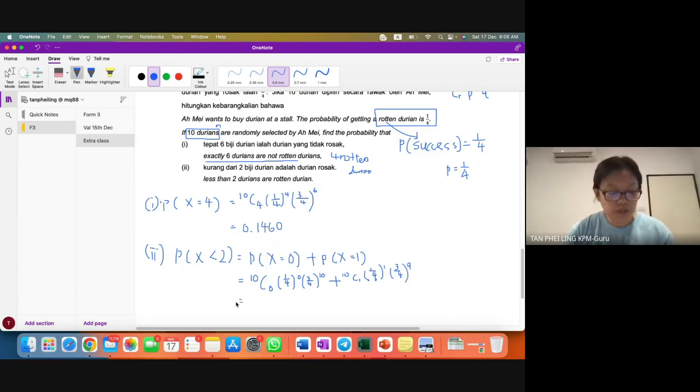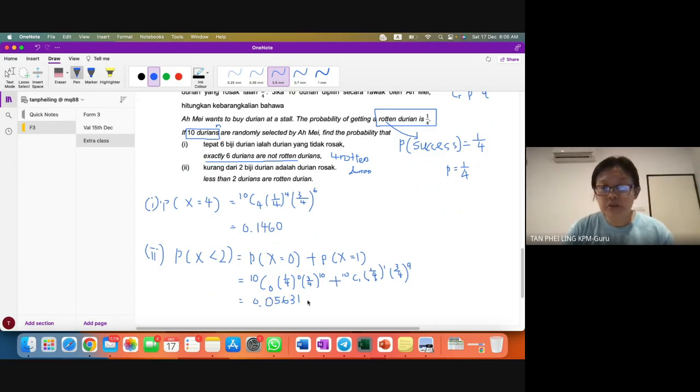Here, press the calculator carefully. Do it now. You should be getting 0.05631, which means for 0 rotten durian the probability is 0.05631.